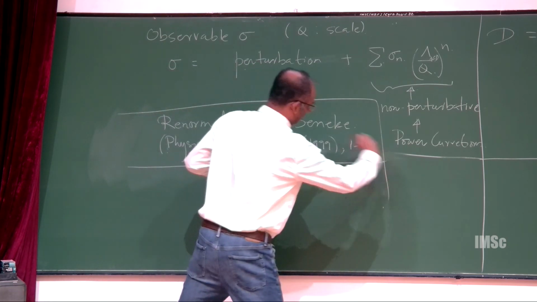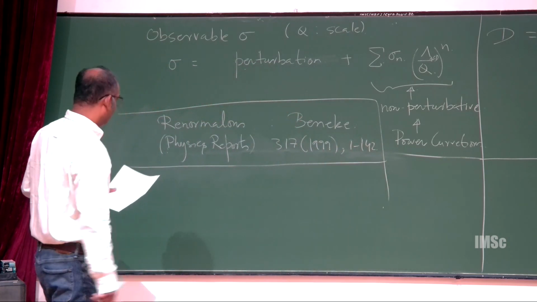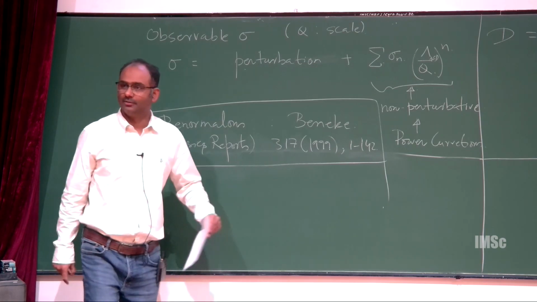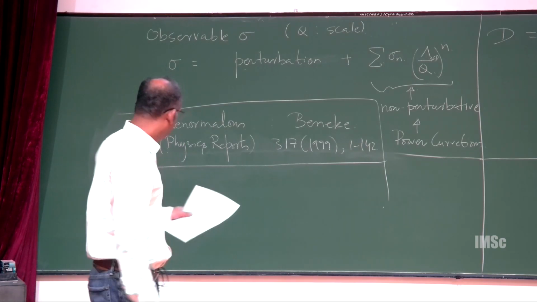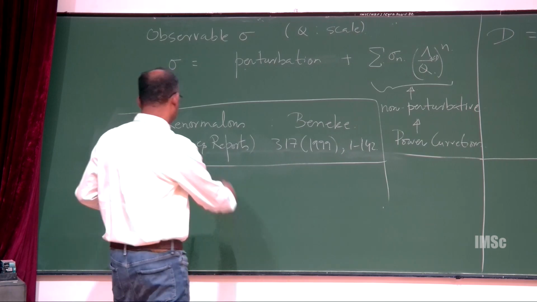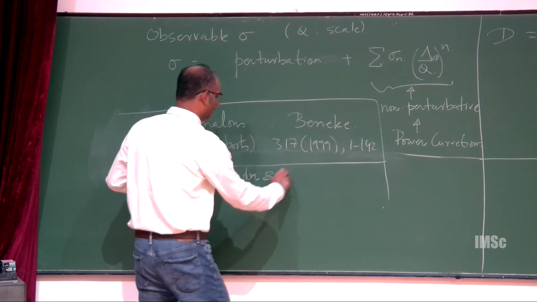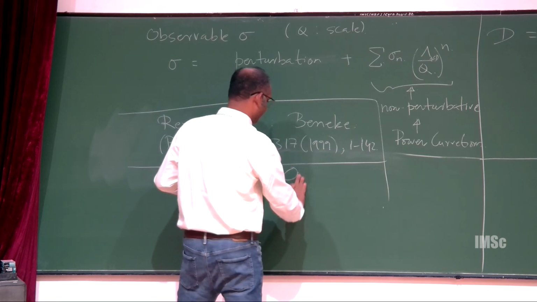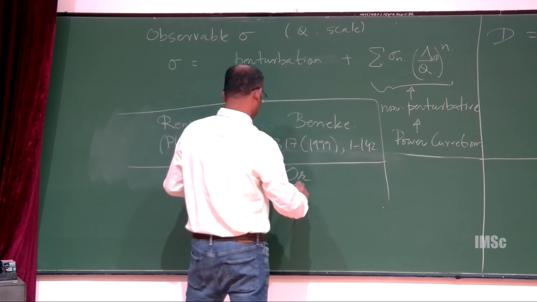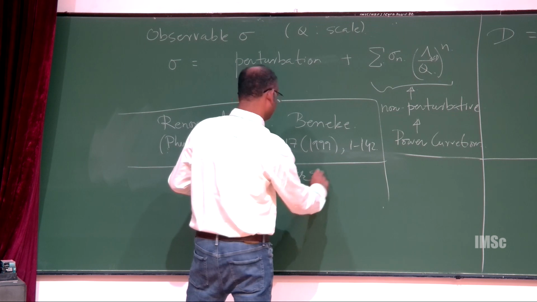It's also available on arXiv. And a textbook which will be very useful, and actually a very nice book, is Bender and Orszag. I have used that in my previous lecture.